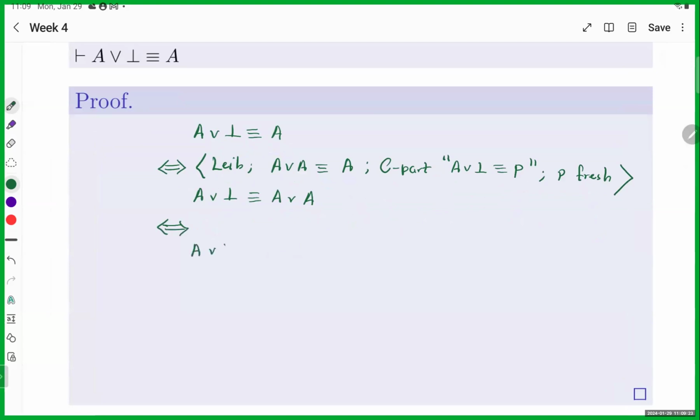This is A or bottom or A. Oops, equivalent to A. This is the distributivity of disjunction over equivalence.